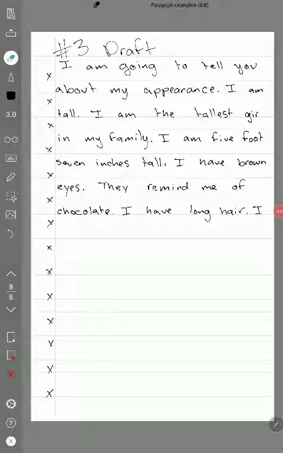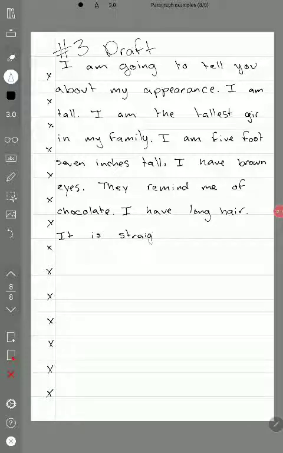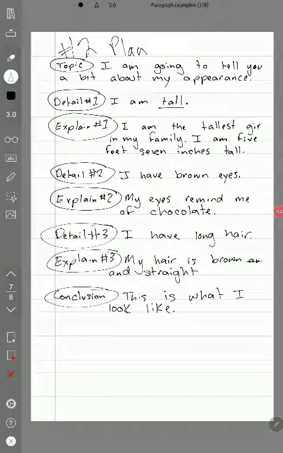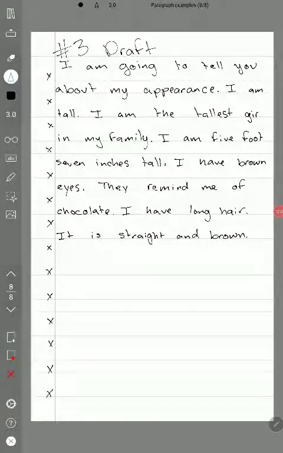See, not enough space. Then end with my conclusion. This is what I look like. Okay, now I just drafted. You saw that that actually went pretty quick. So I need to do the next step.